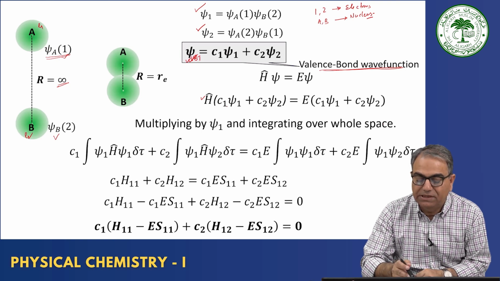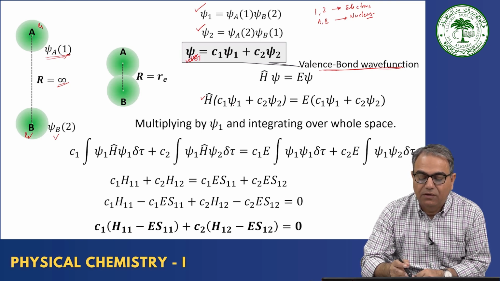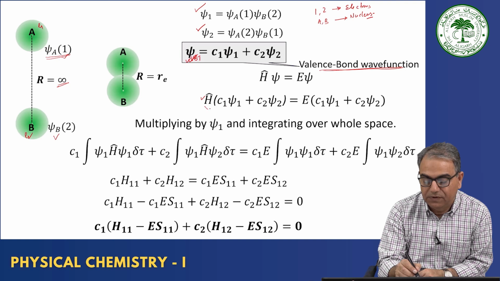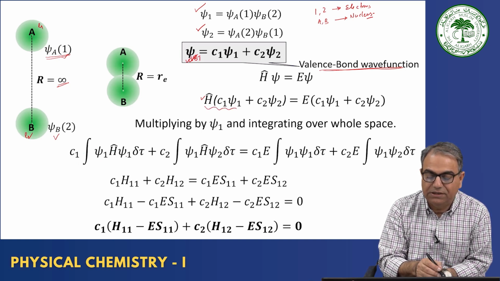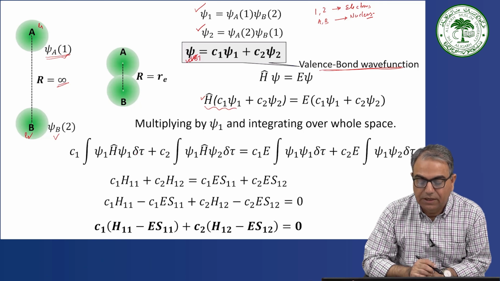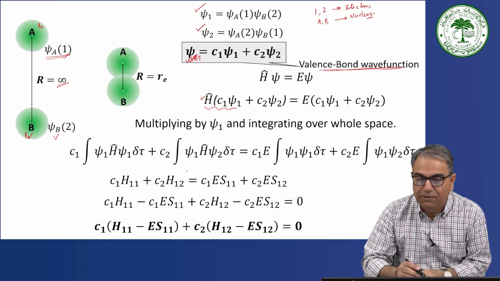So if I multiply by psi 1, what will be the first term? The first term will be C1 integral of psi 1 H psi 1 d tau. Okay. The second term will be, multiplying by psi 1, C2 integral of psi 1 H psi 2 d tau.